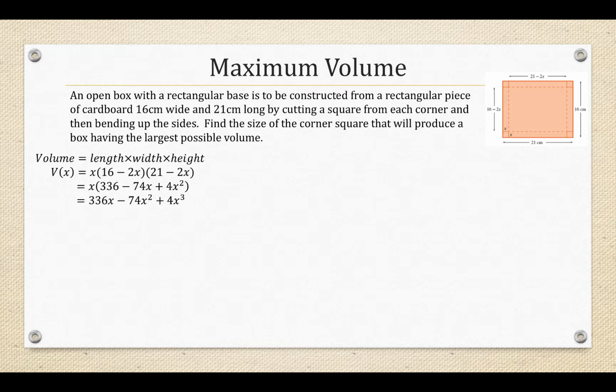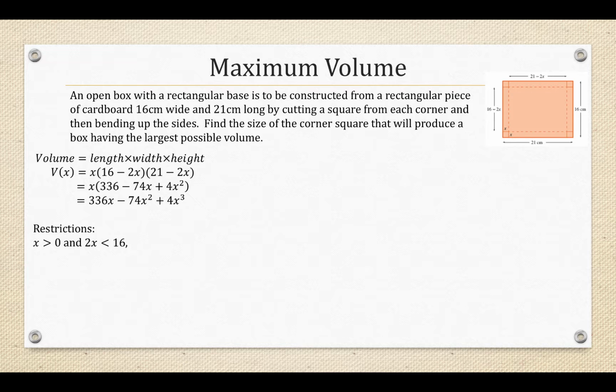First, let's have a look at some restrictions that we have. Now we know that the width of the box is 16 centimeters. So our x is going to be greater than 0 because it needs to have a length. It's also going to have 2x less than 16.